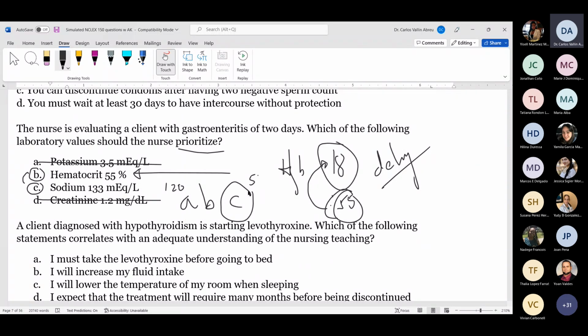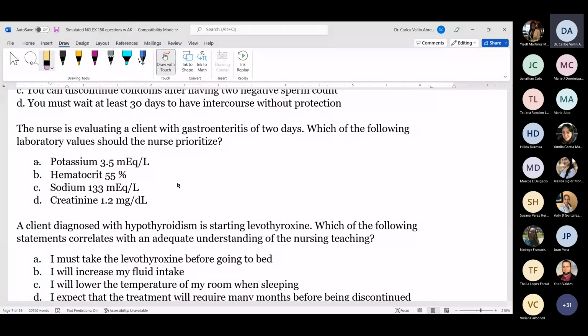There is no immediate risk to airway, breathing and circulation with this level of sodium. So we should give priority to the hemoconcentration that is so important. This is what we can learn from this question: hematocrit and hemoglobin are also parameters that allow us to quantify the severity of the dehydration through the hemoconcentration. Good.